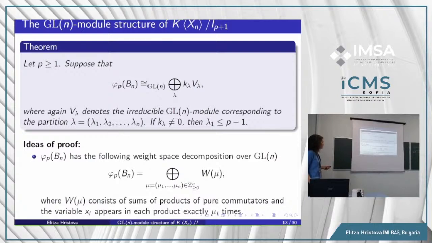And the weight vectors that correspond to the weight mu are exactly sums of products of pure commutators, such that the variable xi appears in each product mu i times. So this is not a difficult observation, but what it tells us is that if we want to write a bound on lambda 1, it's enough to estimate how many times x1 can appear in a product of pure commutators. So, give a bound on the number of times the variable x1 can appear in such a product.